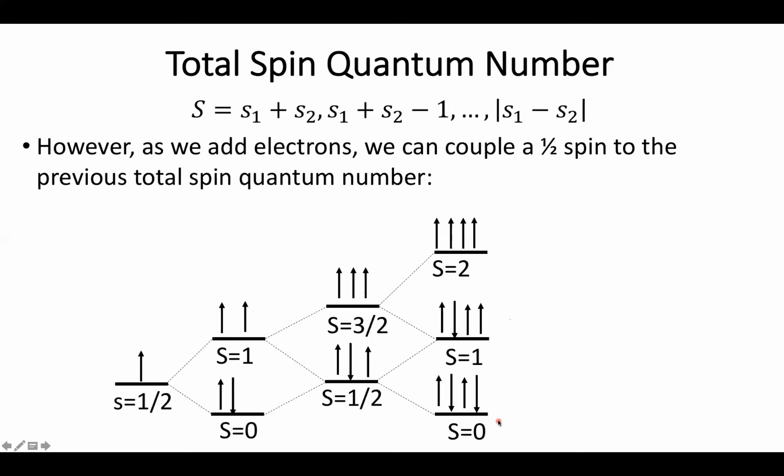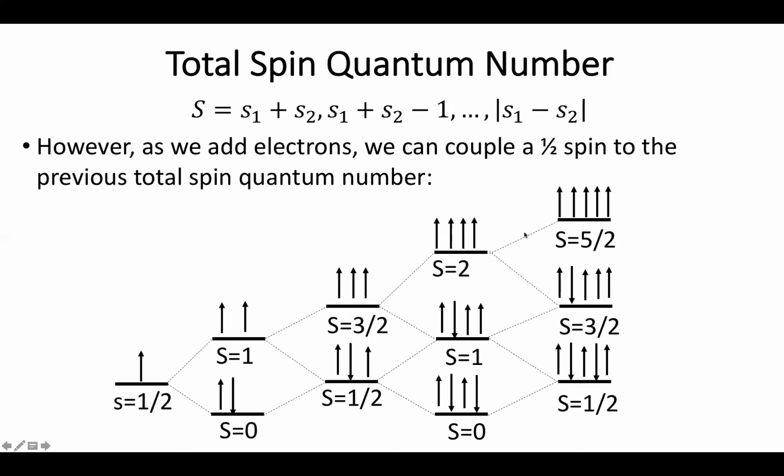And we can keep extending this idea even further. So if I have 5 unpaired electrons, my total spin is, lo and behold, 5/2, with alternate values of 3/2 and 1/2 if I have 1 opposed spin or 2 opposed spins. And so we can keep extending this idea.